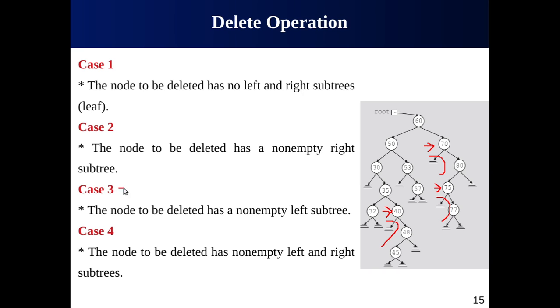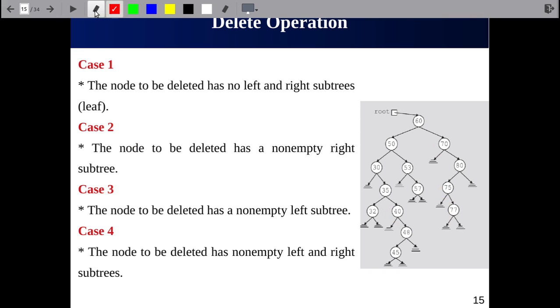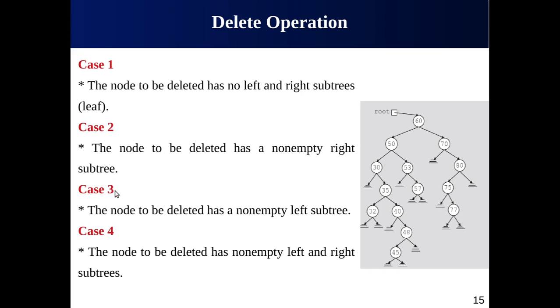And case number 3 is actually the opposite of case number 2. In case number 3, the node that we want to delete has no right subtree, or you can say the left subtree is present, but the right subtree is not present.